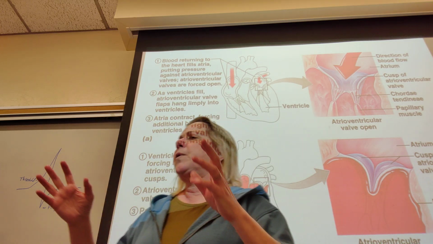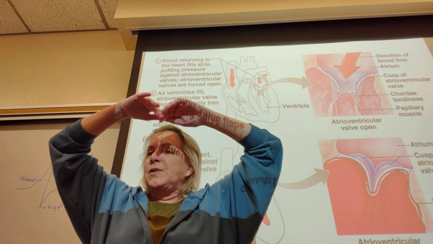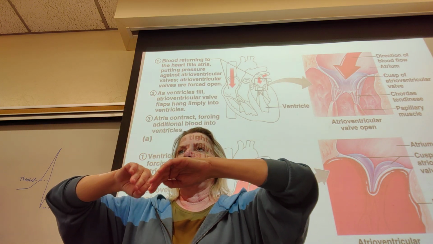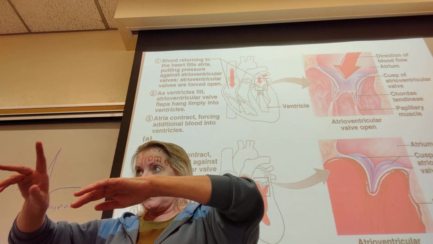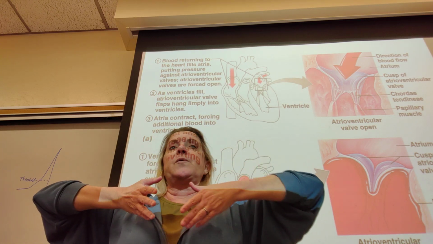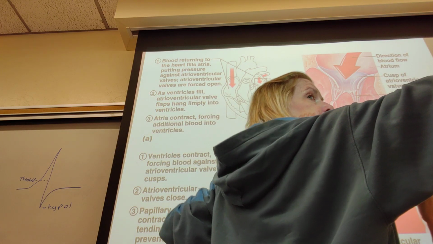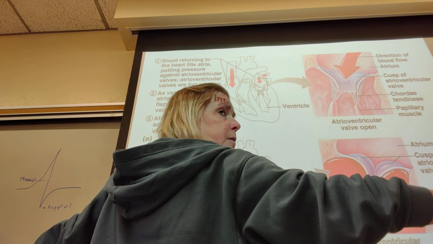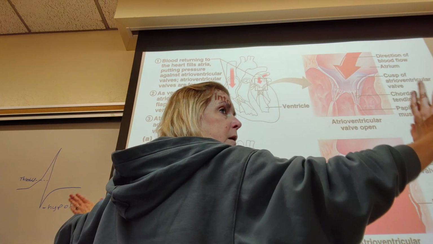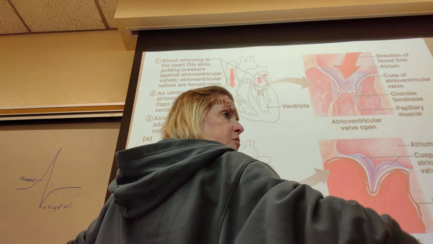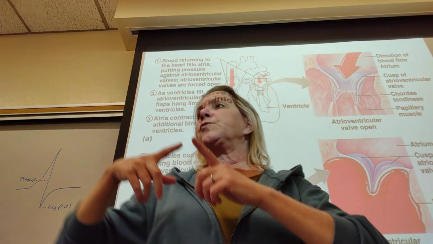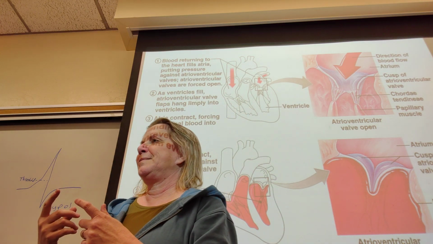So now that action potential has gone through the AV node with a little delay into the bundle of His with another delay, and now it's going through the right and left bundle branches, and it's spreading around the ventricular walls through the Purkinje fibers. And now it's time for the ventricles to have their turn.